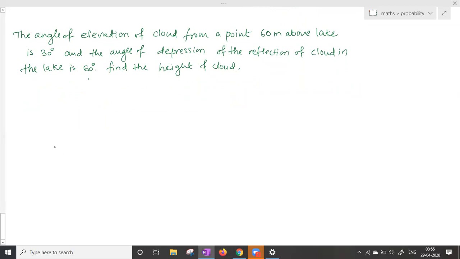Anyone could draw? Yes, ma'am, I can try. I drew it. Okay, send me the picture. Ma'am, I'll just label it, 1 sec.